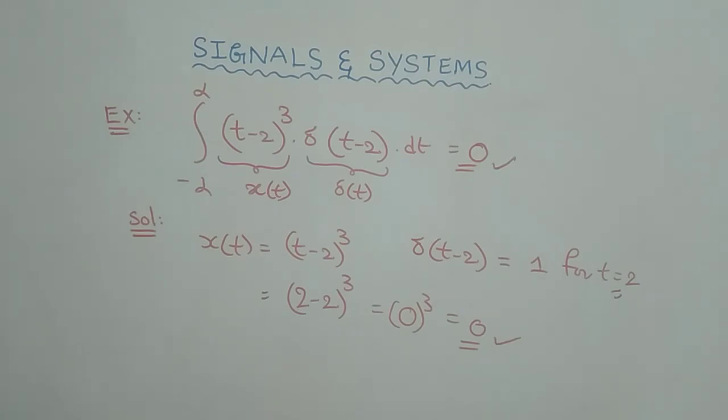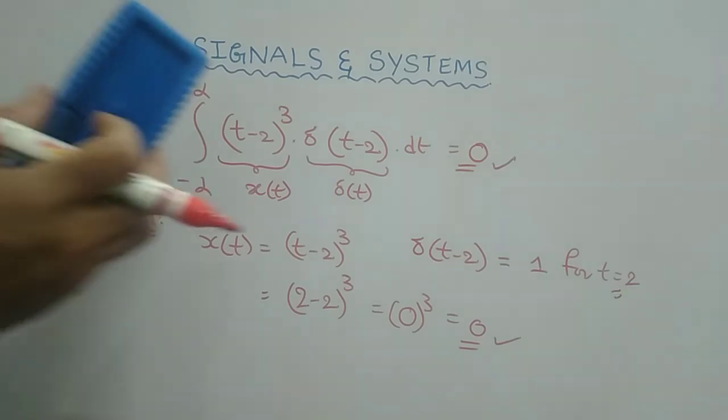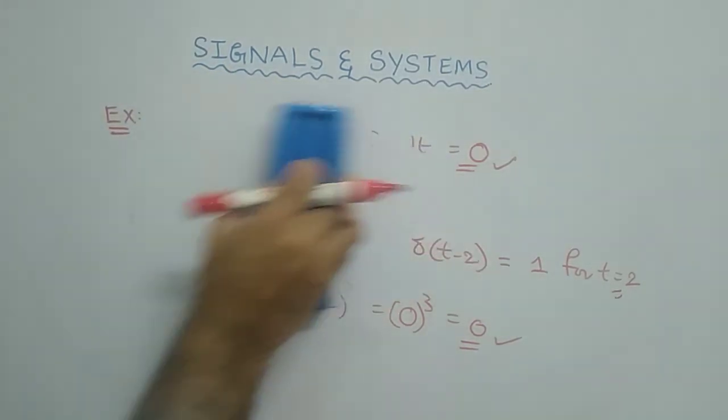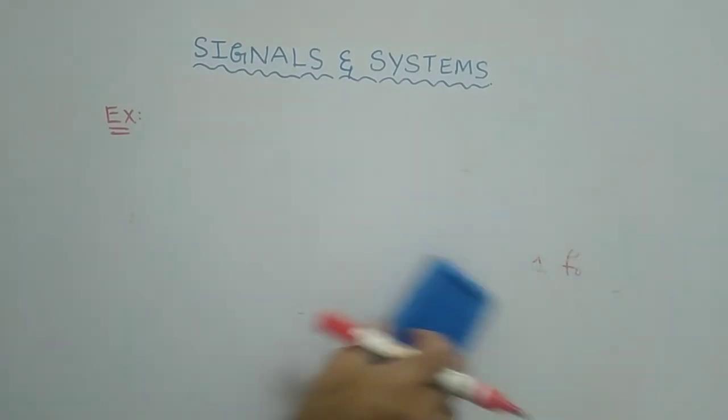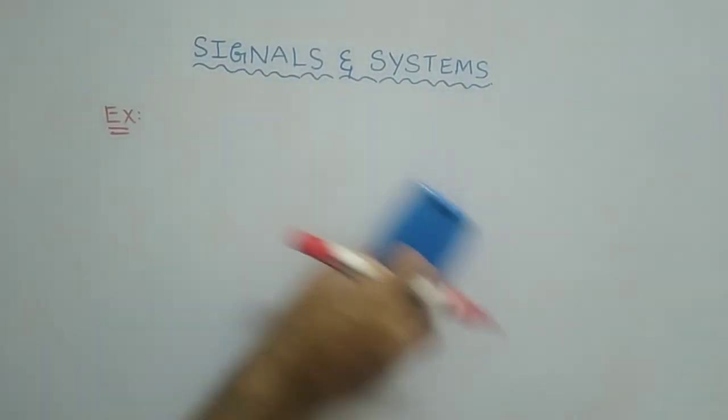The same is applicable for discrete time also. In discrete time, instead of an integral you will have a summation, sigma. Let us solve one example on a discrete time signal.